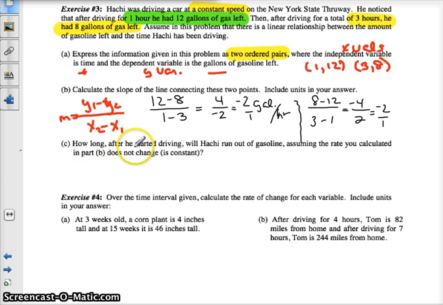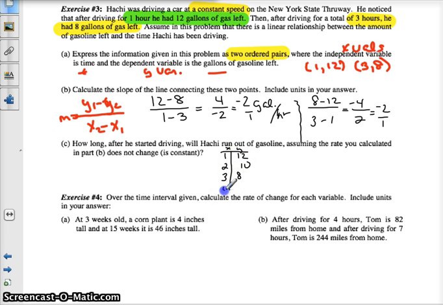All right, so how long after he started driving will Hachi run out of gasoline? Well, let's see. He had been driving for an hour and he had 12 gallons left, right? So at 1 hour, he had 12 gallons left. At 2 hours, well, if he's losing 2 gallons per hour, he had 10. 3, he had 8.